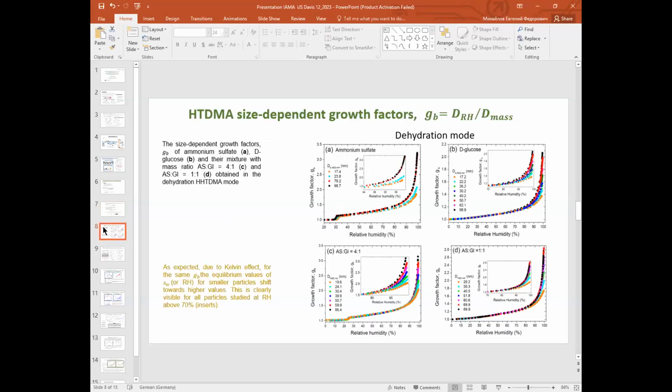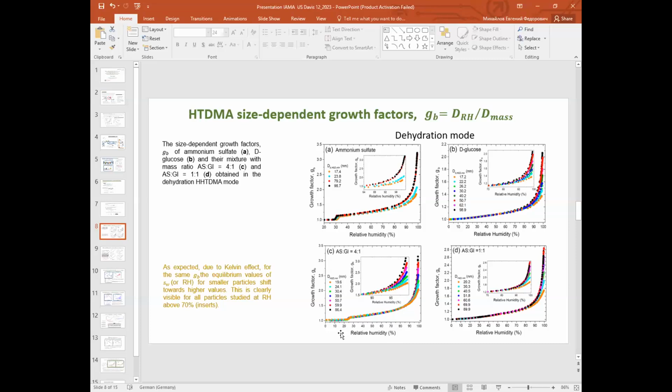So these are the first experimental results, which were obtained using our system, and we see ammonium sulfate, glucose, their mixture with a 4:1 ratio, and their mixture with a 1:1 ratio. As we can see, at high relative humidity, for the same growth factor we have different equilibrium values of saturation ratio.